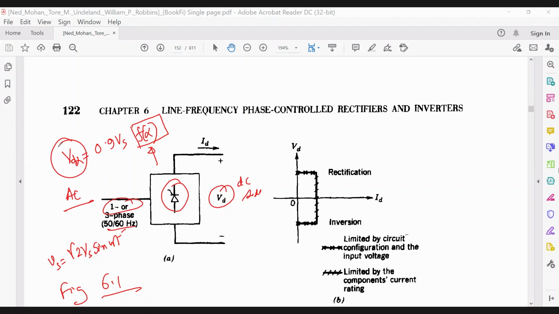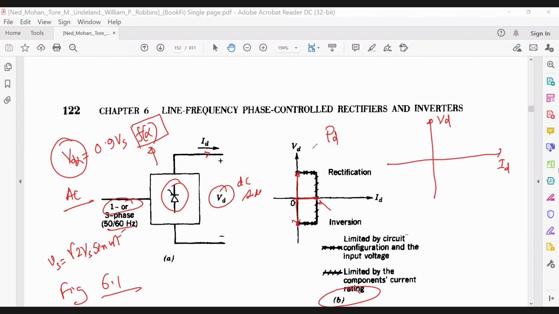Also here in figure B, there are two coordinates we have used. One is ID, the current going to the load, and VD is the voltage across the load. The current will always be positive. Look here, the current is always positive, and it has a maximum limit. But the voltage could be positive or negative.